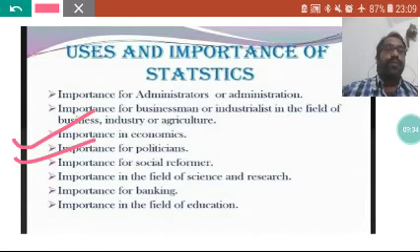It is important for politicians. They do surveys in a locality to find the mood of the people they are trying to win over. It is important for social reformers also, to see how many people support social reforms. In this way, stats is coming up everywhere.